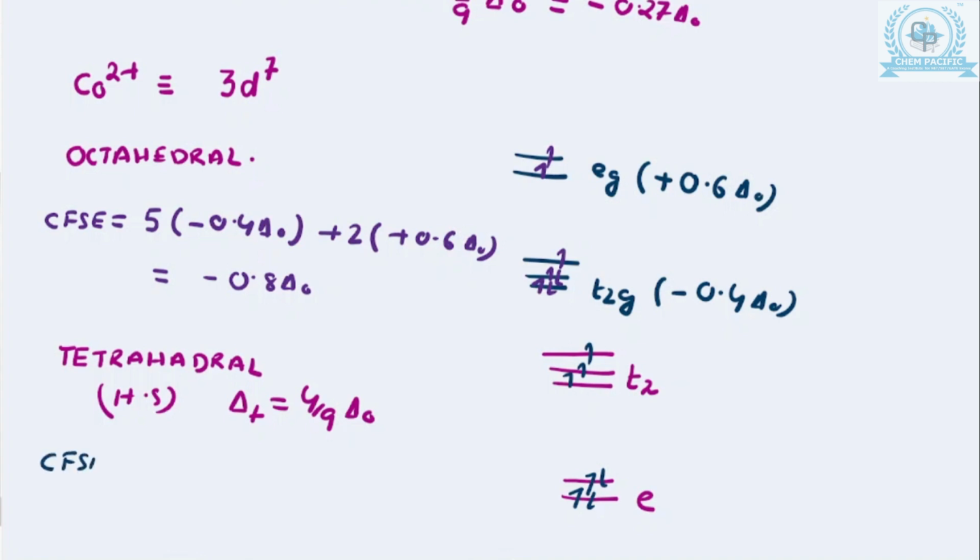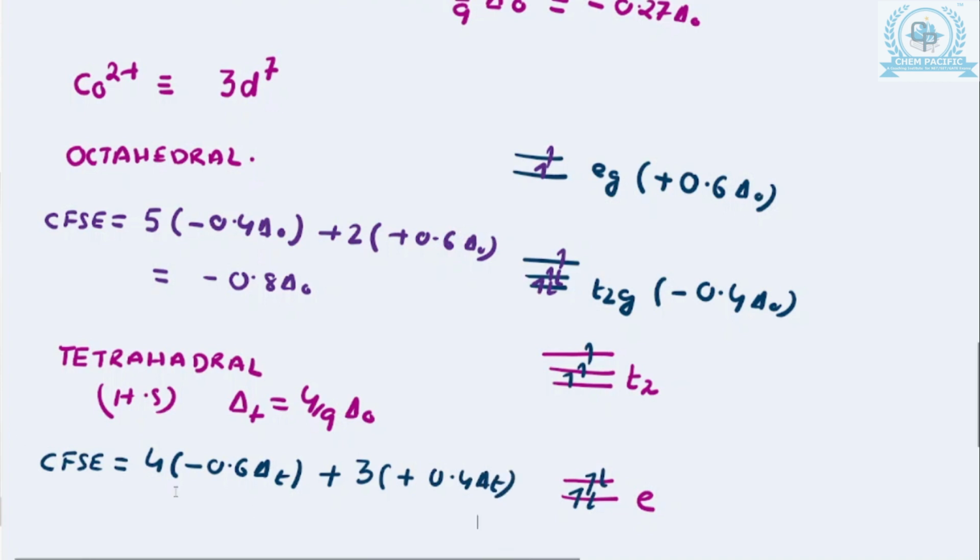So the CFSE is going to be, it is containing 4 electrons in the EG level with energy of minus 0.6 delta T होगा. स्टूडेंट्स यहाँ पे ध्यान देना बहुत ज़्यादा इंपॉर्टेंट है, अदरवाइज स्टूडेंट्स बहुत ज़्यादा गलती कर लेते हैं. एंड 3 into प्लस 0.4 delta T because हम टेट्राहेड्रल का कर रहे हैं.